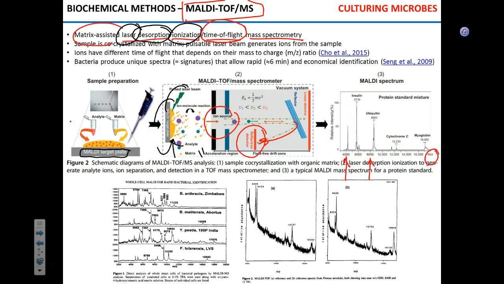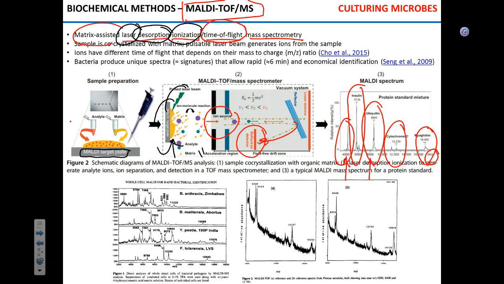And time of flight will be dependent on the ions' mass to charge ratio. And different ions with different mass to charge ratio will give you these different peaks. Does that make sense? They will give you different peaks when the detector detects them.